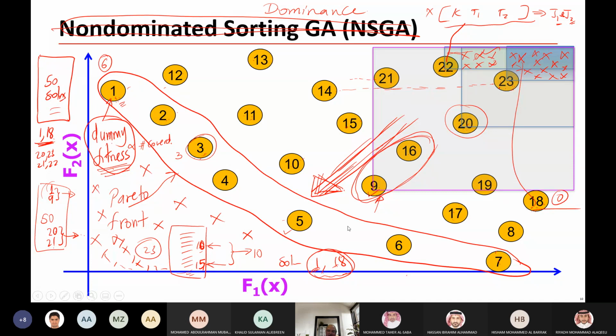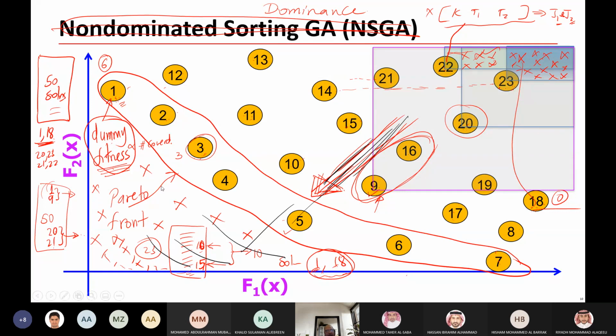And these solutions are called the Pareto optimal solutions if you reach the final stage. At any generation, we call these solutions non-dominated solutions.